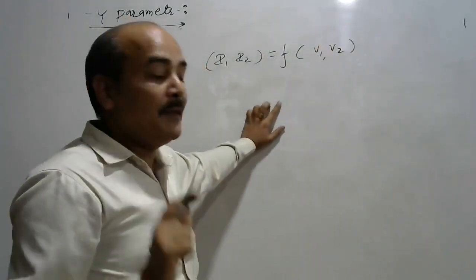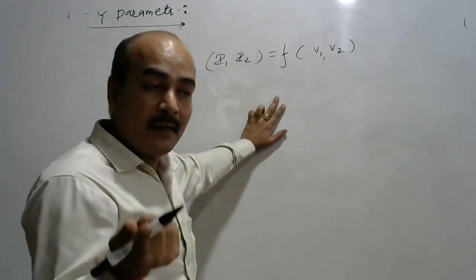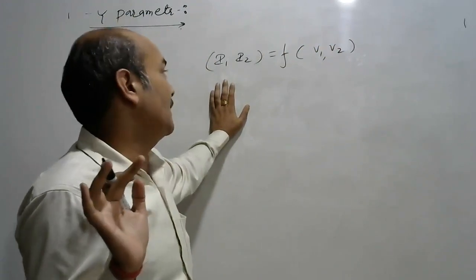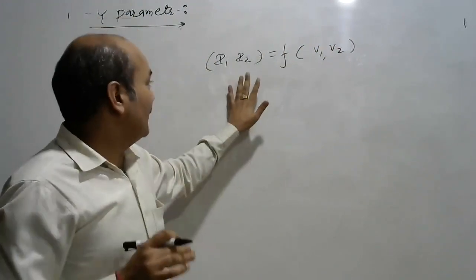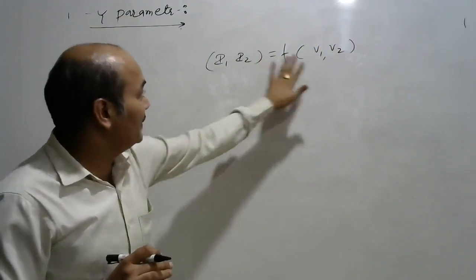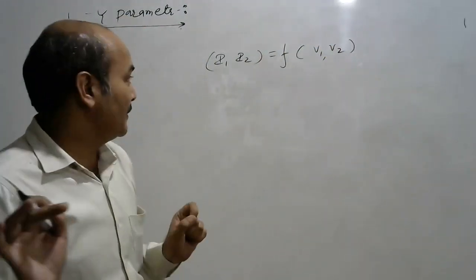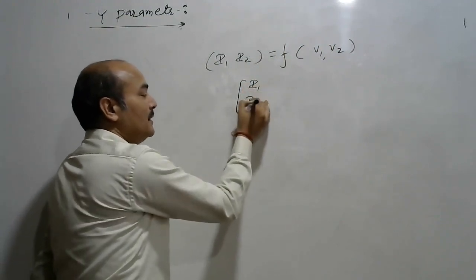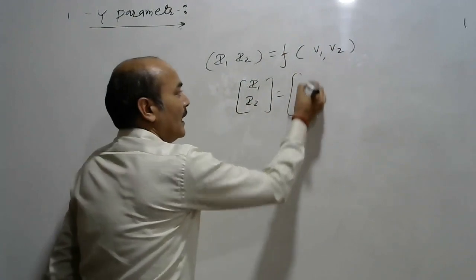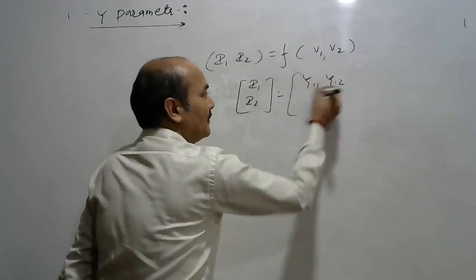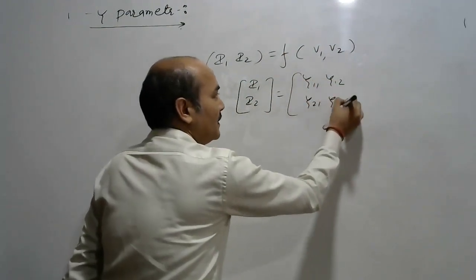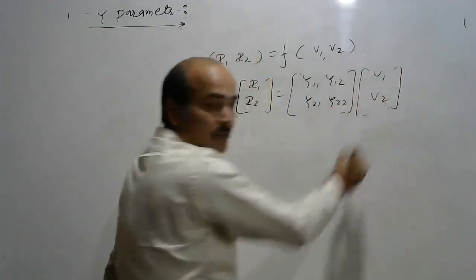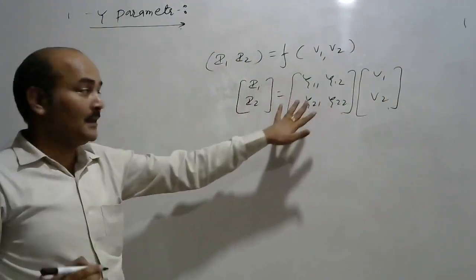So voltages V1 and V2 are the independent variables, while I1 and I2 are the dependent variables. So how can we relate this equation? I1 and I2 are related by Y11, Y12, Y21, Y22, and V1 and V2, just as in the previous case.